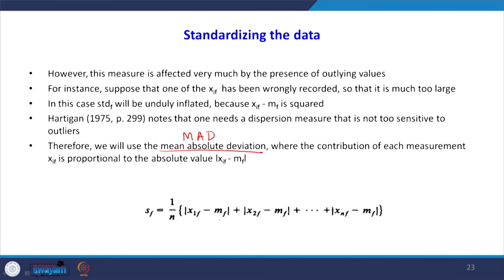The advantage of taking mean absolute deviation is that if any outlier is there, its effect is dampened. That is why instead of going for standard deviation, we should go for mean absolute deviation, that is S_f equal to 1 by n times modulus of x_1f minus m_f plus modulus of x_2f minus m_f and so on.